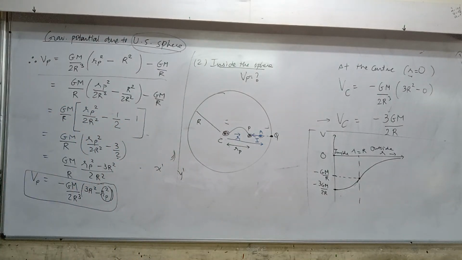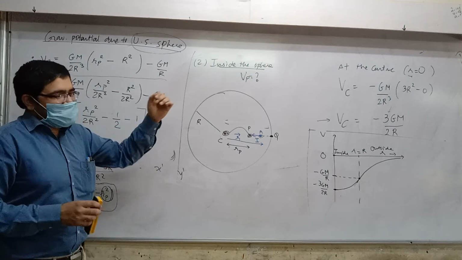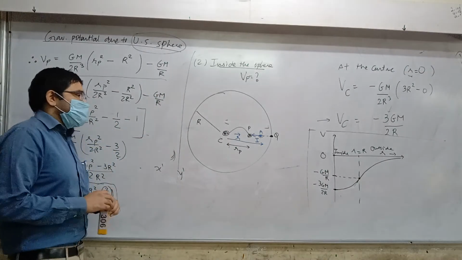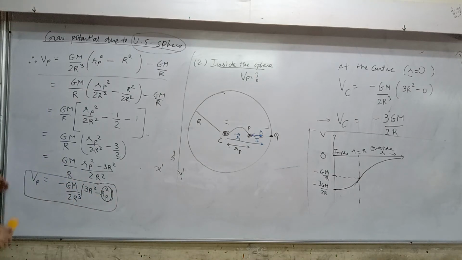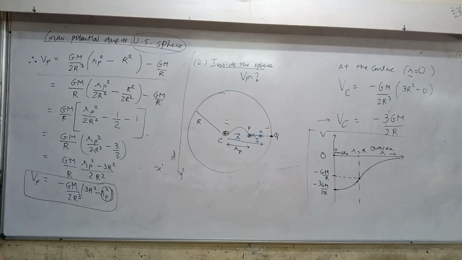I will say possible, but it's better to learn the formula and then understand how a particular formula gives a particular kind of graph. Okay, so that's it for the potential of a uniform solid sphere.